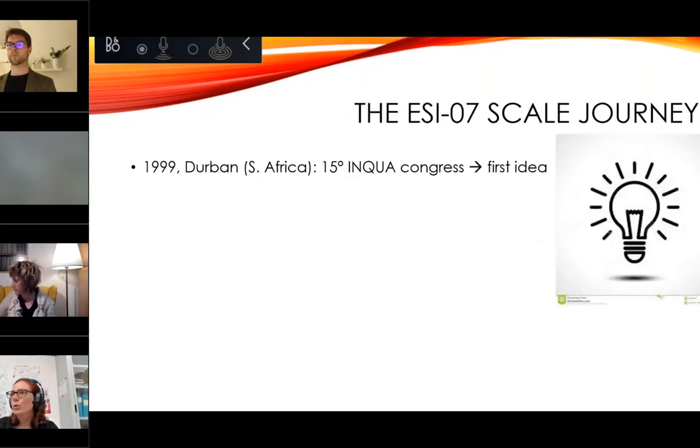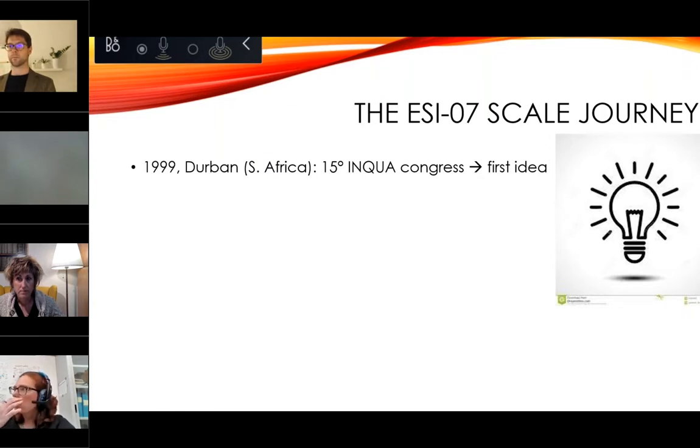Okay, what else? I now try to follow the evolution, or the journey, of the ESI scale. As I mentioned at the very beginning, this activity and this macroseismic scale has been conceived and developed within INQUA. So the first idea came more than 20 years ago now, during the 15th Congress in South Africa.